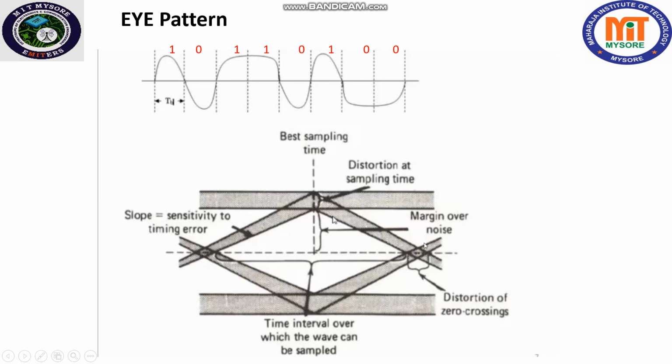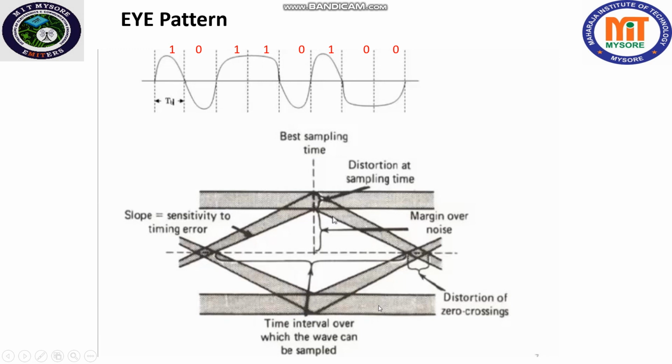Next, here you can see these particular crossovers. This is distortion of zero crossing. If it is small, then distortion during the zero crossing is less. Similarly, we have another parameter called timing jitter, that is this one.